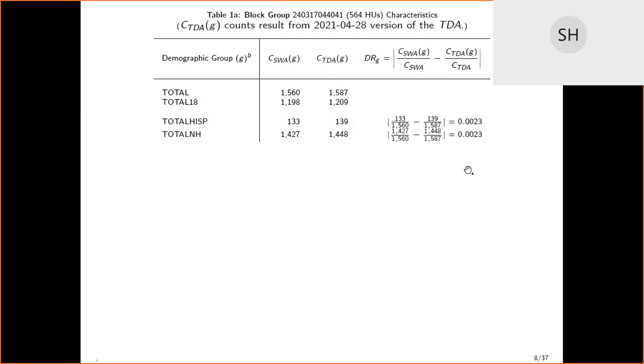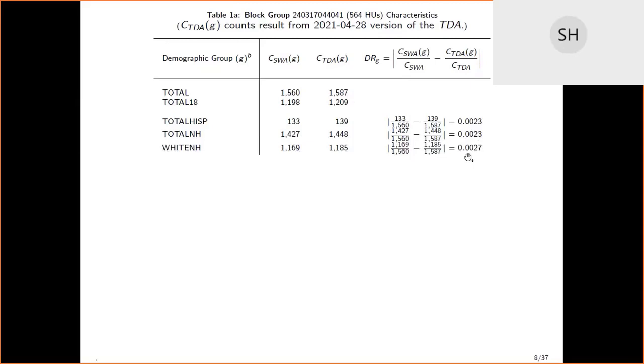If we look at another demographic group, the total non-Hispanic, 1,427 from the swapping algorithm, 1,448 from the latest version of the top-down algorithm. And the difference of ratios, 0.0023 also. White non-Hispanic group, 1,169 from swapping, 1,185 from the latest version of the top-down algorithm.